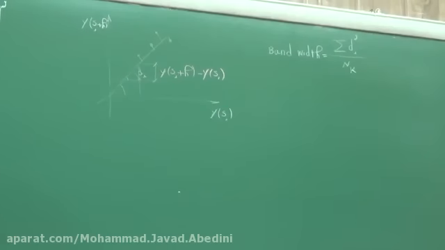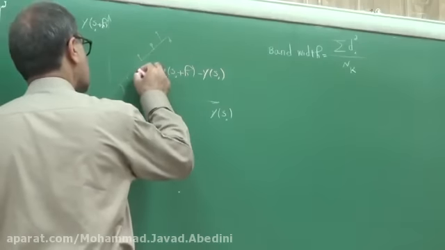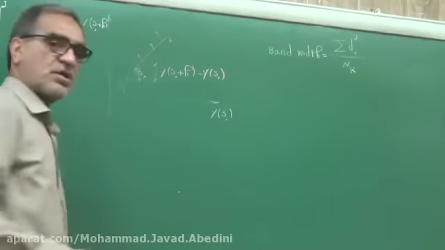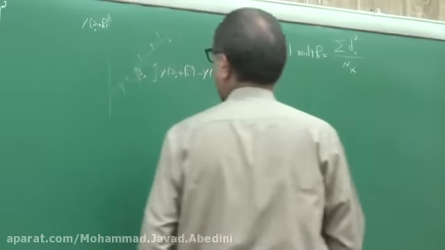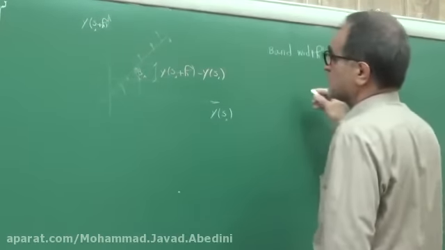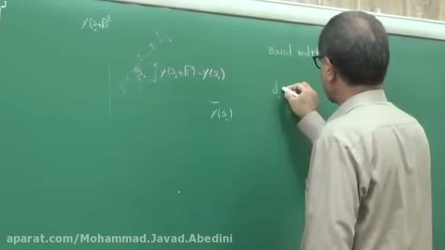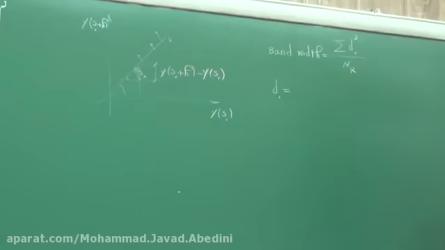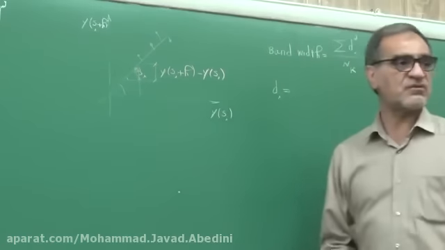Okay? And then if you consider this right triangle, you can say di is equal to this distance times cosine of 45.